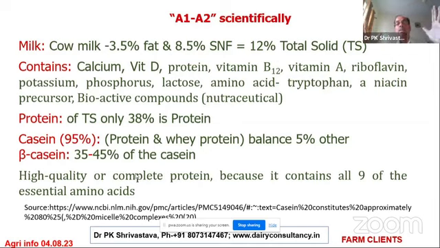This is for general milk I am talking about. Now the protein in cow milk is 38%. Out of the 38%, 95% is casein. And out of this 95%, 35 to 45% is beta casein. And this beta casein we will discuss.